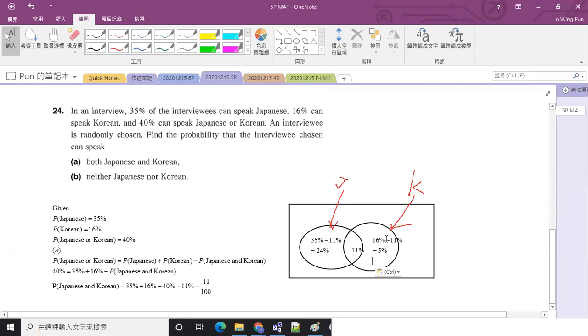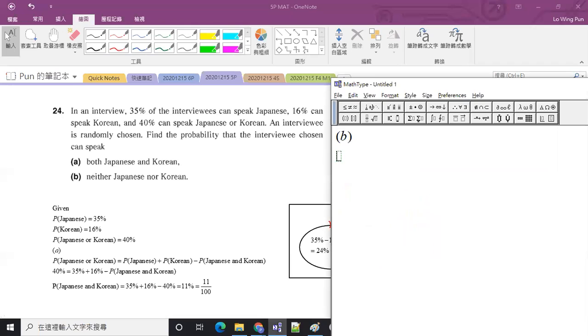OK, 好啦，咁而家要揾嘅係咩呢？又唔識講日文，又唔識講韓文，即係出邊嗰個地方咯喎，係嘛？但係呢度已經係所有嘅 possibilities 嚟㗎啦。即係一係就淨係識講日文，淨係識講韓文，一係就兩樣都識講，一係就兩樣都唔識講。已經係所有嘅可能性嚟㗎啦。咁所以，我要揾剩翻嗰啲嘅話，我就用一減現有呢一啲。所以 part B 係揾剩翻嗰啲係咪？So B, we are going to find P of neither Japanese nor Korean.